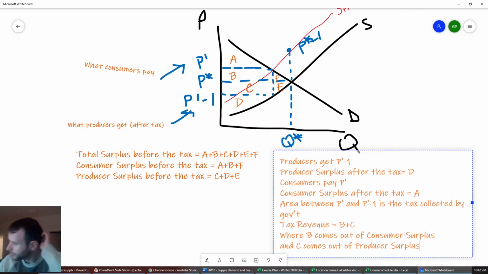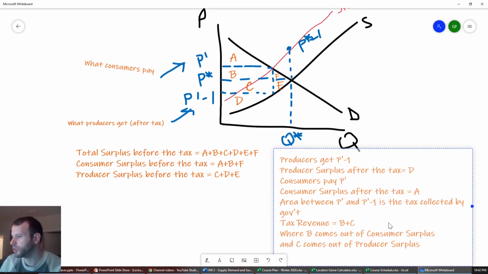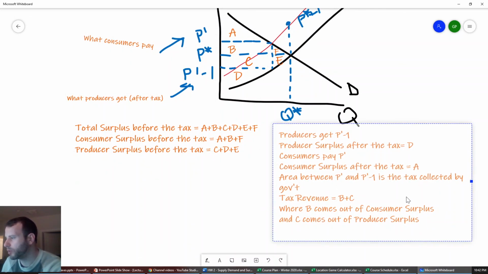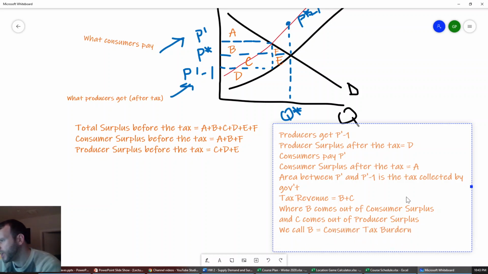So what we call B is the producer tax burden. I'm sorry, B was consumer tax burden. And C then is producer tax burden. Okay? Why is it a burden?